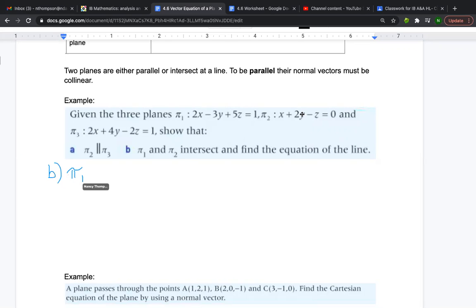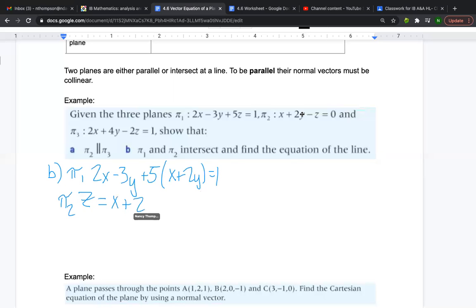So plane 1 now becomes 2x minus 3y plus 5 times the quantity of, and then I'm going to solve plane 2 for z, which is x plus 2y is equal to 1. And z, from plane 2, z is equal to x plus 2y.